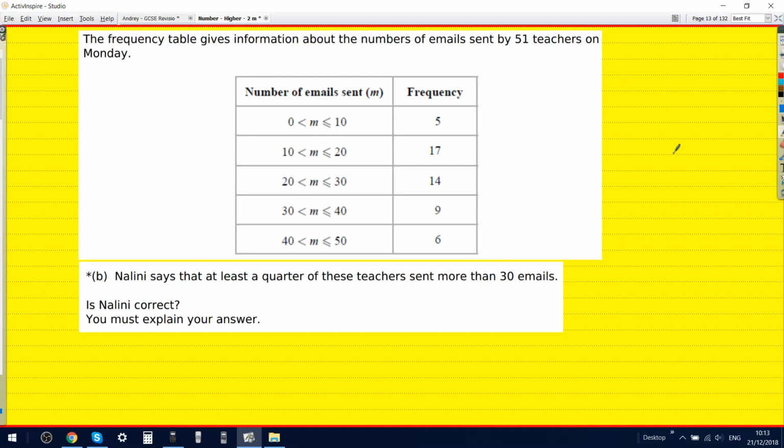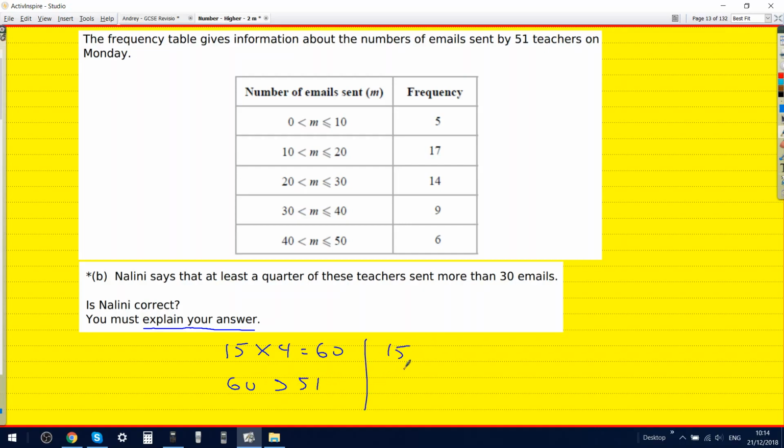Yeah, I think she is right because 15 times 4 equals 60, and 60 is bigger than 51. Yeah, 60 is greater than 51. I'm not quite sure.